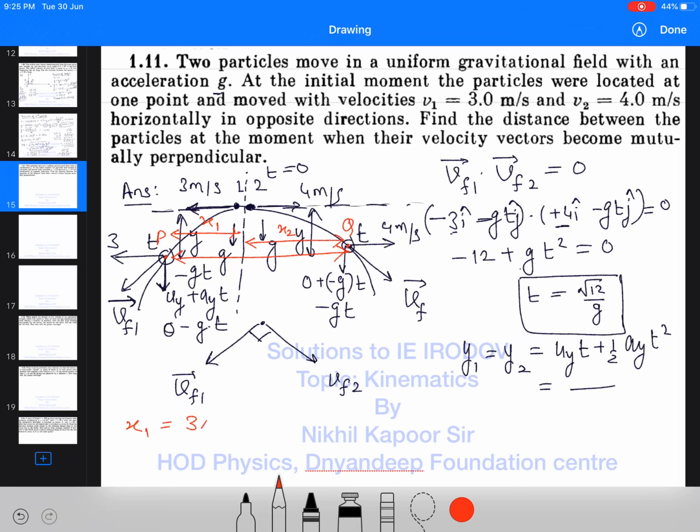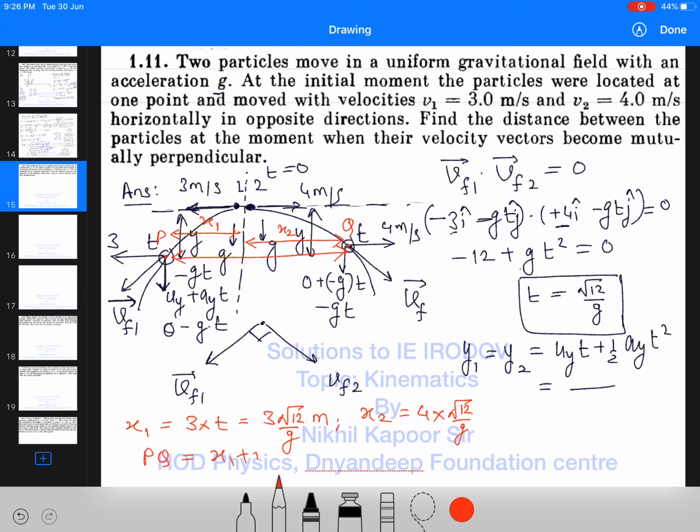Now let's calculate the horizontal distance traveled by particle 1. It will be speed into time, that is 3 meter per second into time, so it will be 3 root 12 upon g meter. What is the horizontal distance traveled by particle 2? Again it will be speed into time, the speed is 4 and the time is under root 12 by g.